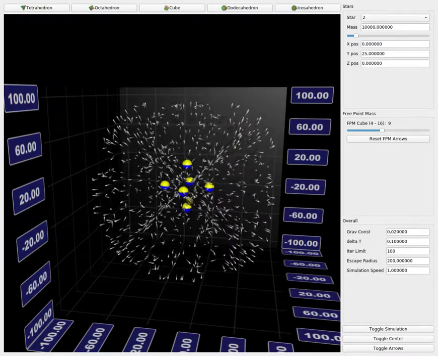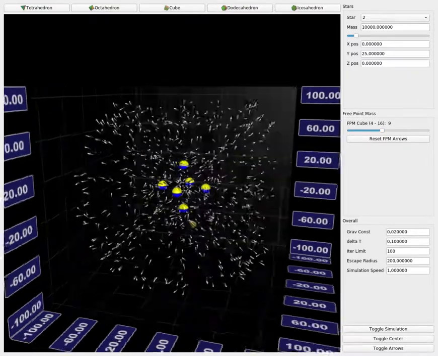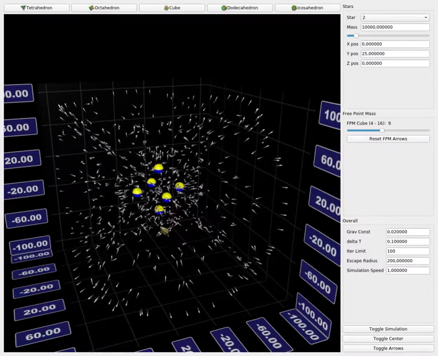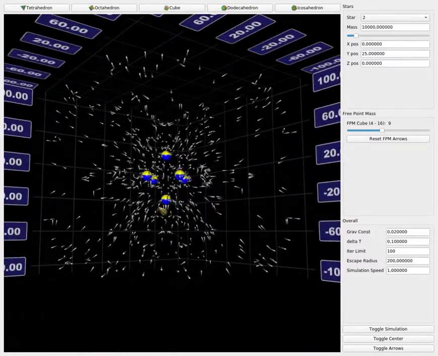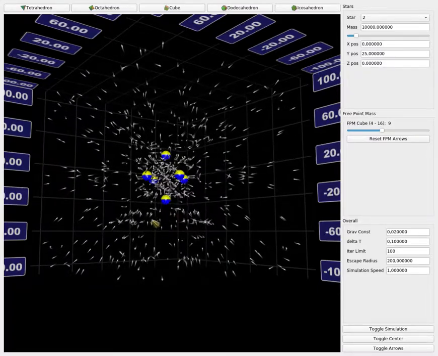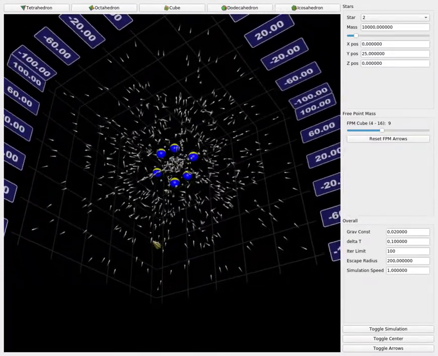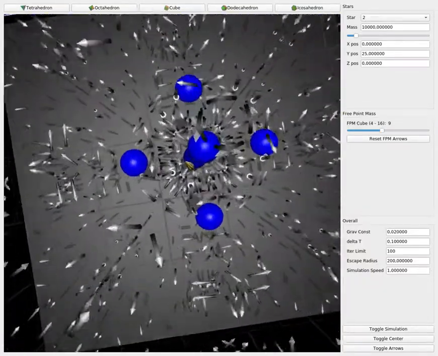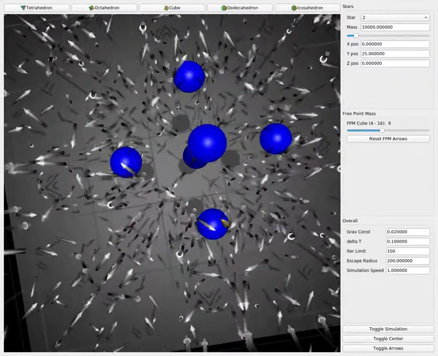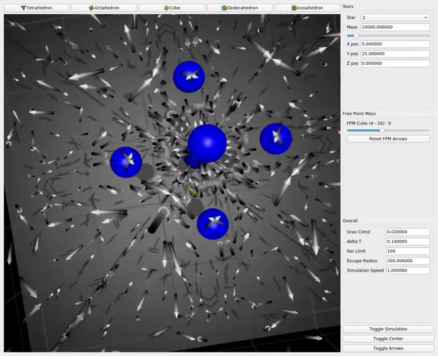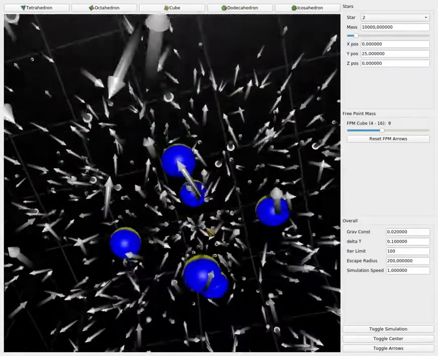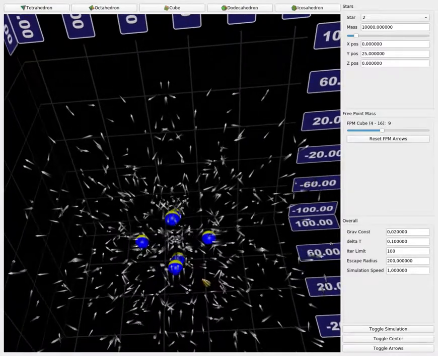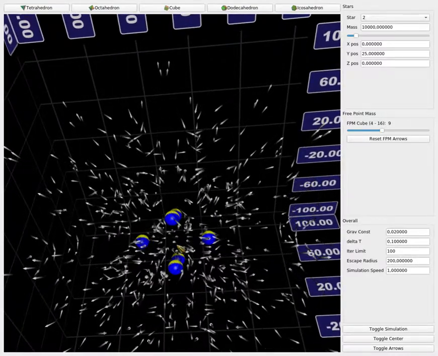Now you can see jets streaming out of the star system at various angles. There's a lot of complex things going on in the center even.